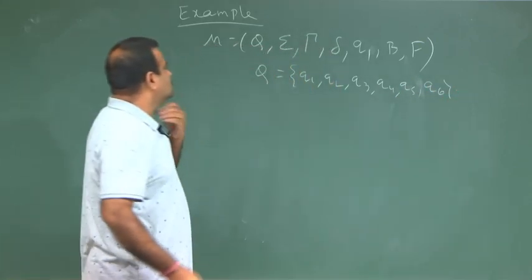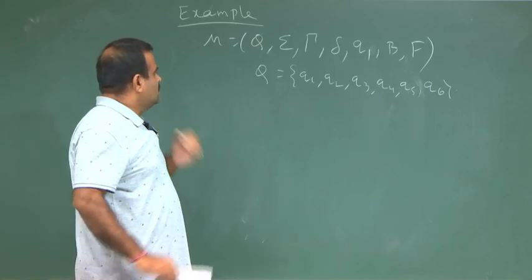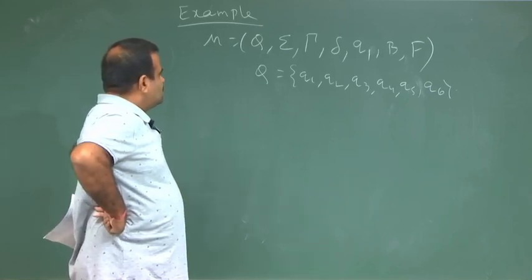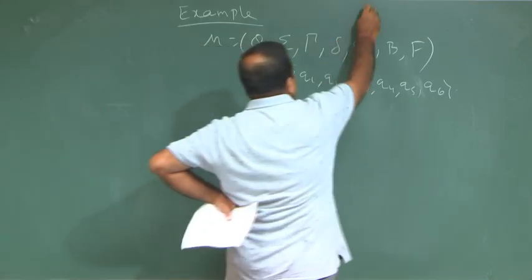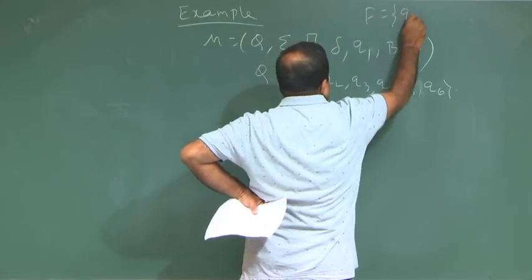There are 6 states, and Q 1 is the starting state, and Q 6 is the final state. So, F is Q 6.